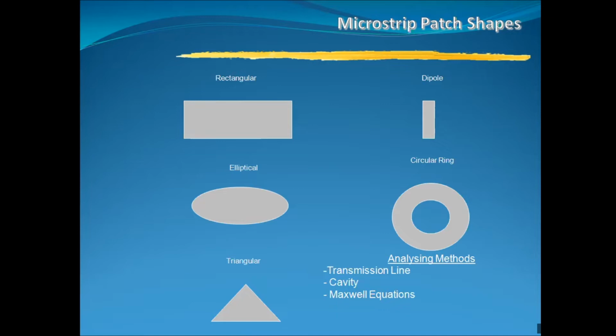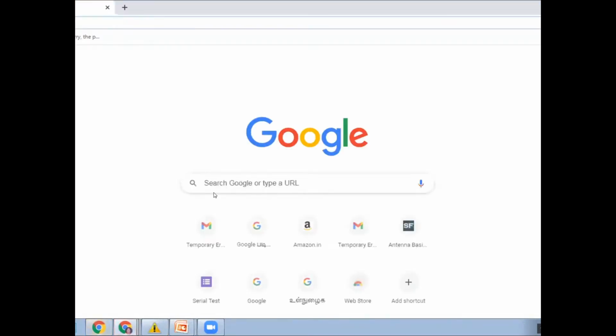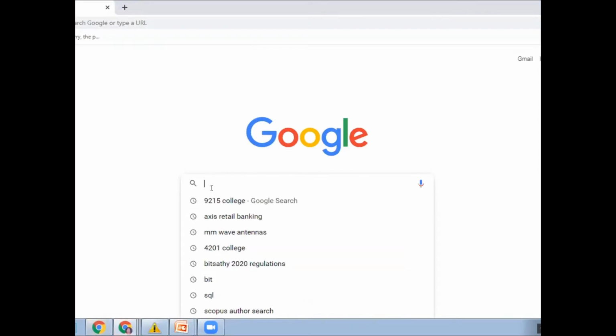Both are related. Del cross E is a displacement and del by del t is the time. So when we look at Maxwell's equation, the left side is the displacement and the right side is time.